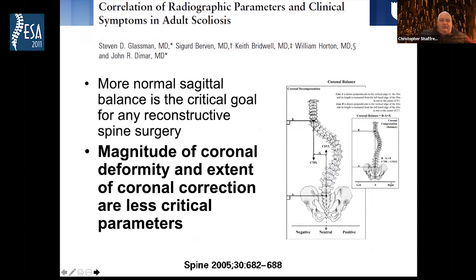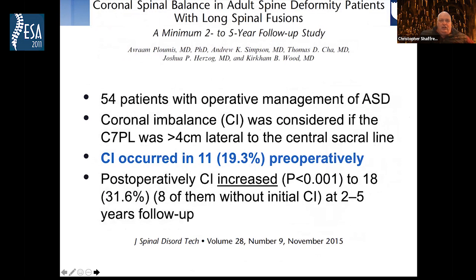In up to 20% of the patients that we're operating on, we're not attentive enough to correcting the lumbosacral fractional curve, and this can result in sagittal imbalance. And this again shows several examples of the importance of being able to correct this to get better improvement.